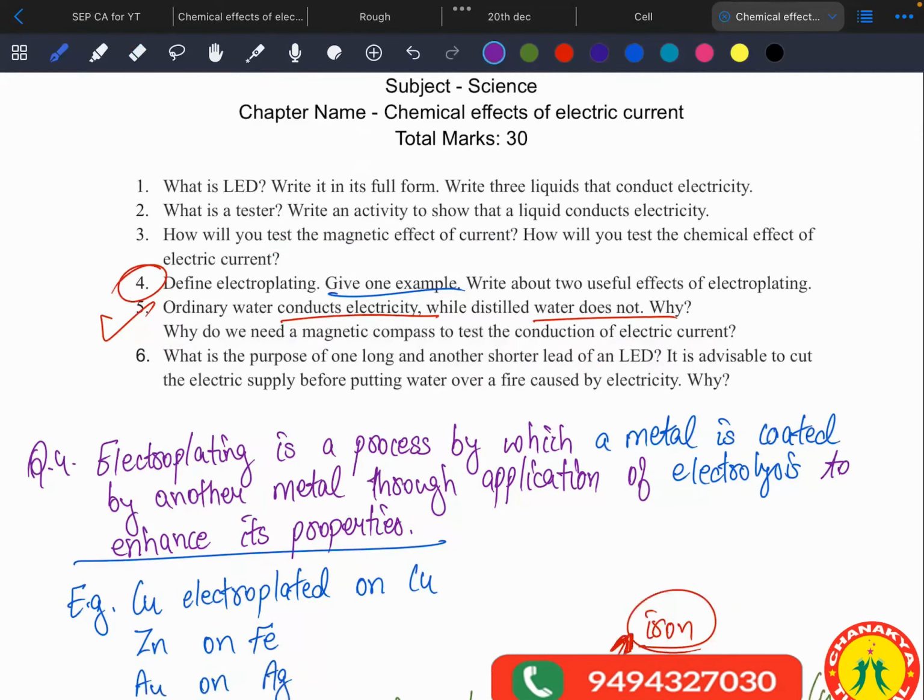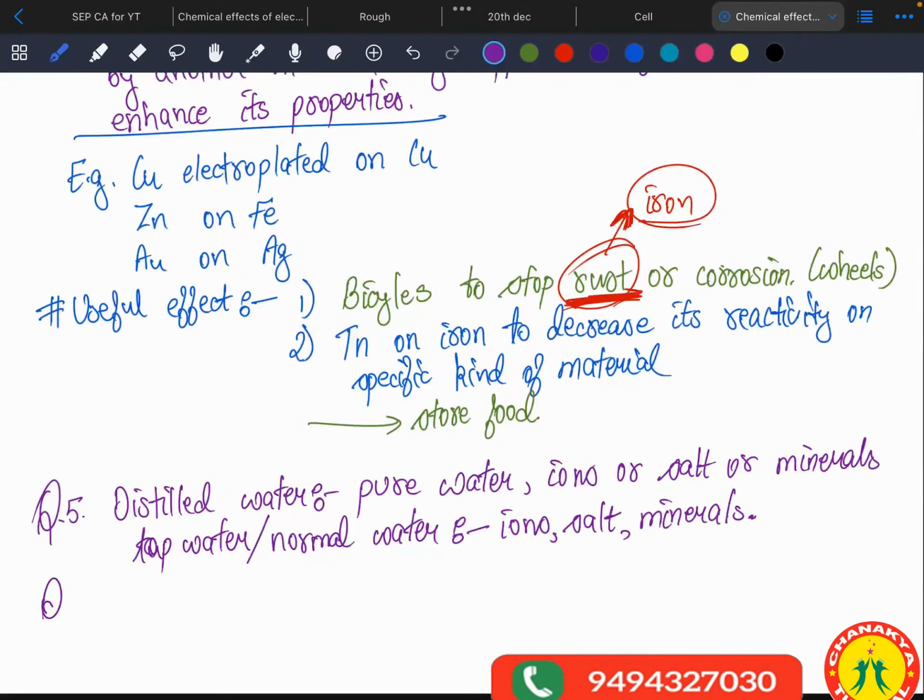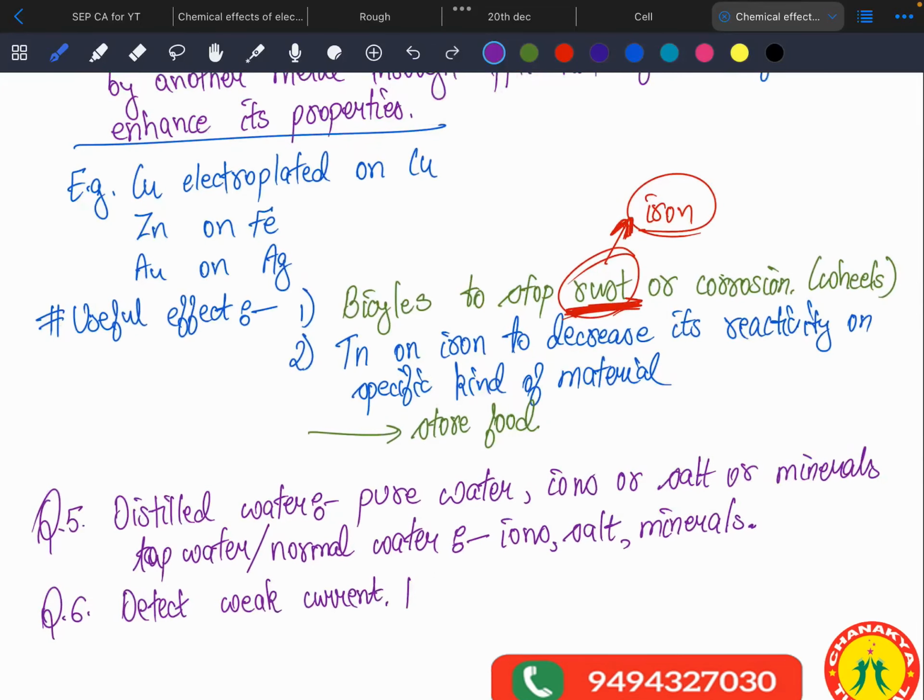Sir, a magnetic compass can detect even weak current, because it can detect very weak current also. Very good. It can show some deflection even when less current is passing. So the magnetic needle is very sensitive to magnetic field.